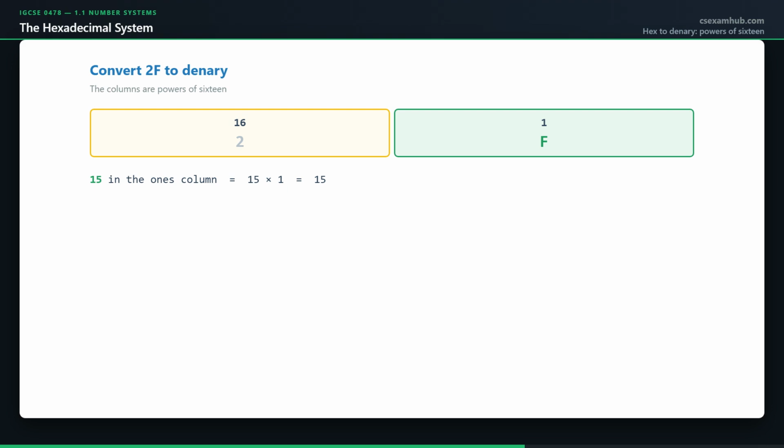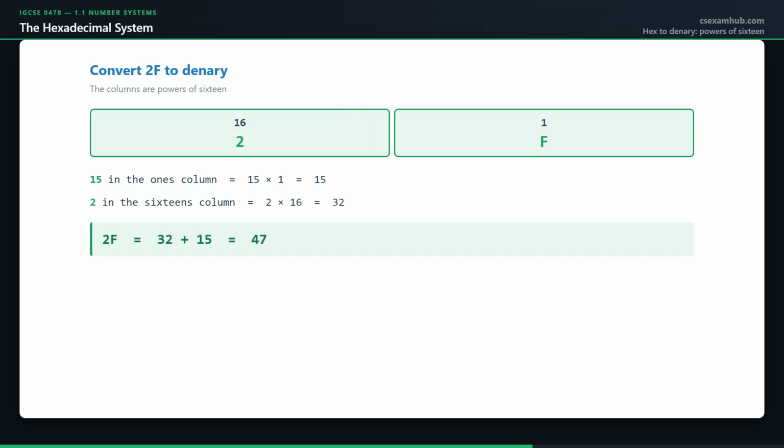F is 15 and it sits in the ones column, so that contributes 15 times 1, which is 15. Now the left-hand column, the digit is 2 and it sits in the 16s column, so that is 2 times 16, which is 32. Add them together, 32 plus 15 is 47, so hexadecimal 2F is 47 in denary. The method is identical to reading 3407 in denary, only the base has changed.